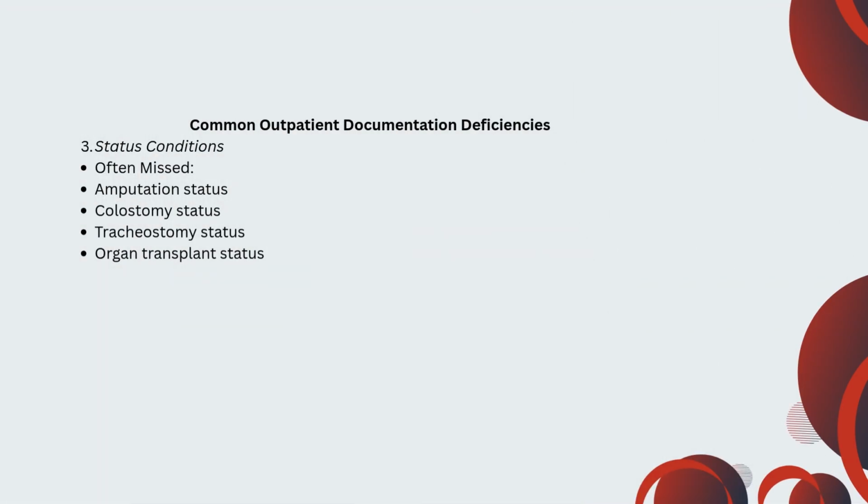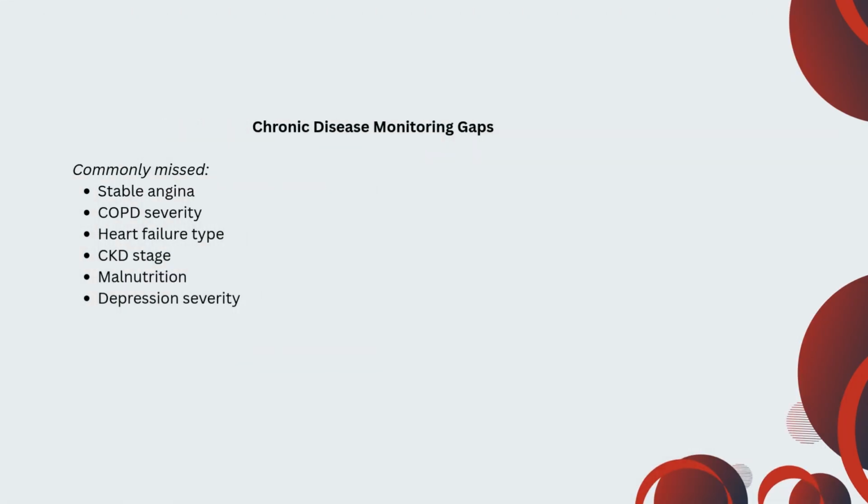Status conditions are often missed: amputation status, colostomy status, tracheostomy status, organ transplant status. Chronic disease monitoring gaps, commonly missed: stable angina, COPD severity, heart failure type, CKD stage, malnutrition, depression severity.